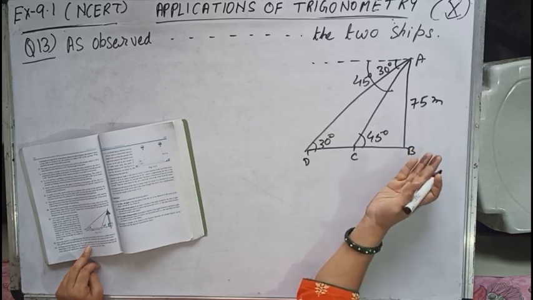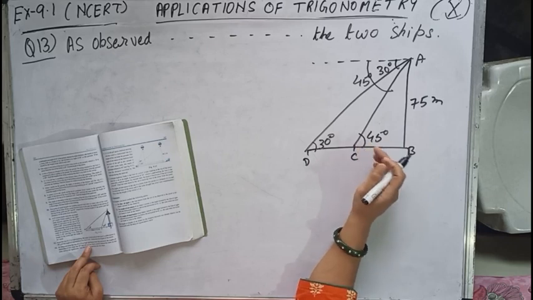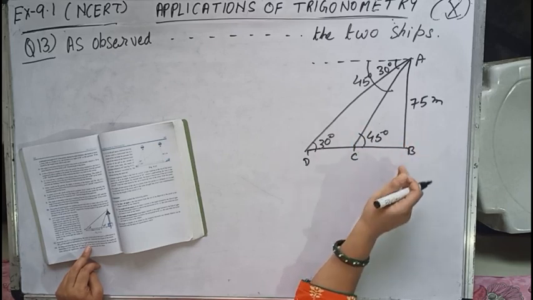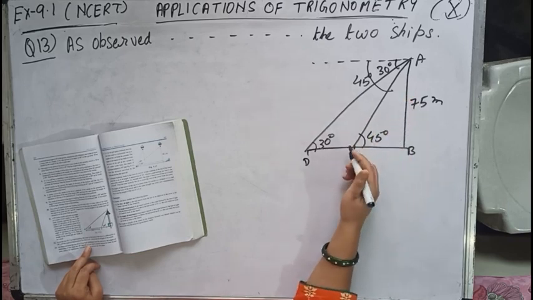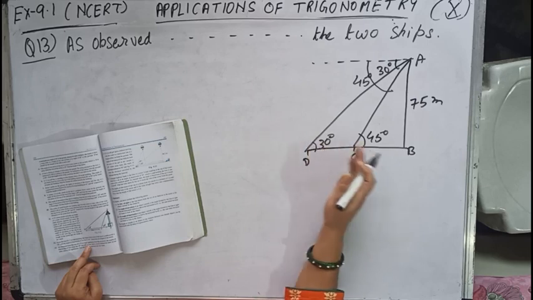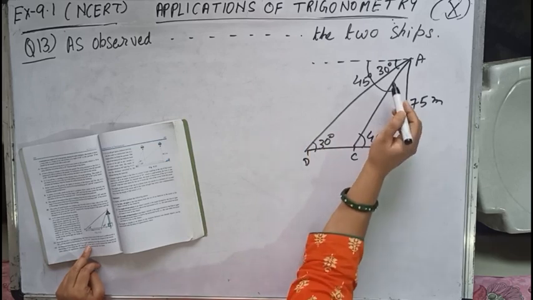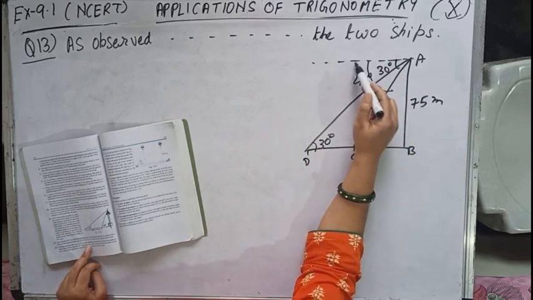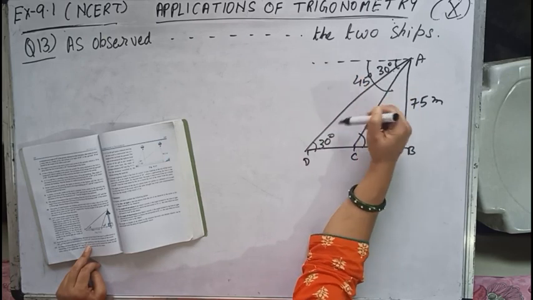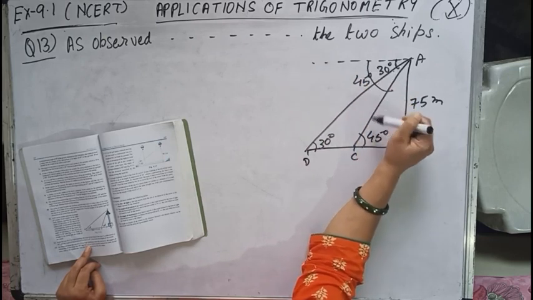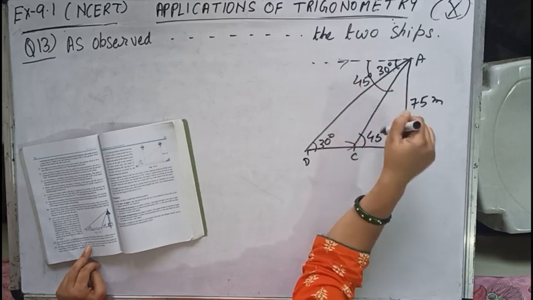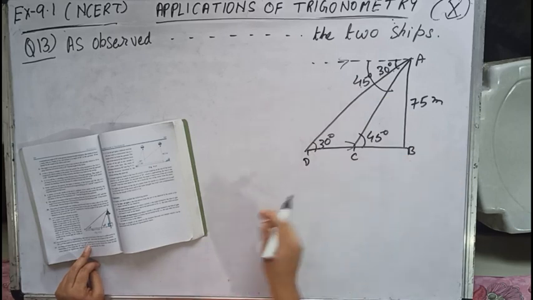I mean the pole, the tower, whatever it is, the angle which has higher value will be closer to the tower, to the lighthouse, or whichever is vertical height. And this one is 30 degree, it is more away from this 45 degree. So angle of depression from this point is observed. So make a horizontal line, make this one as 30 degrees. So this 30, this one 30, this 45, so this one 45, because these two lines are parallel and hence these two angles are alternate.